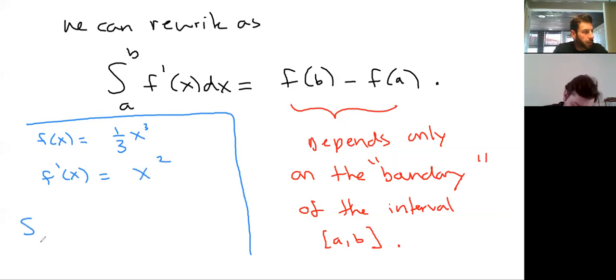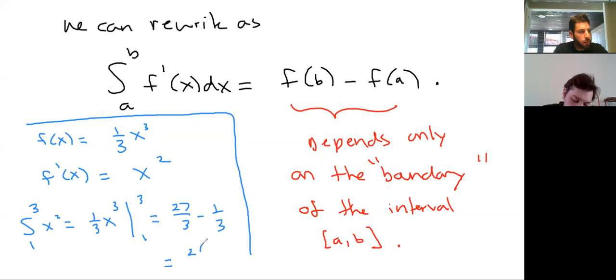And so clearly the integral from, say, 1 to 3 of x squared is just, as you guys know from calculus, 1/3 x cubed evaluated from 1 to 3, which is 27/3 minus 1/3, which is, of course, 26. So you might want to compare that specific example in blue with the general statement above it. Ponder it.